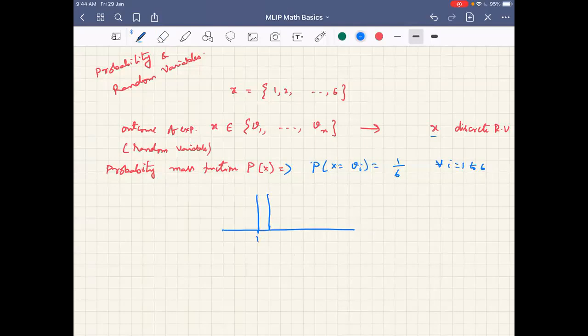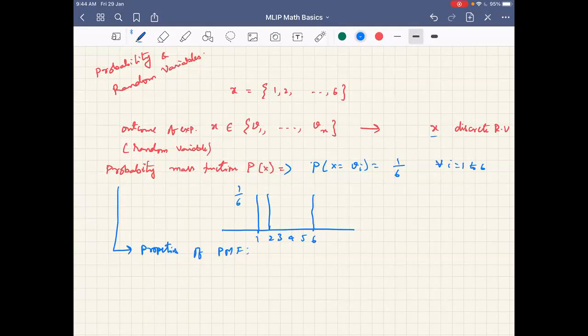What are the properties of this probability mass function? In this case, we have equal probability 1/6 and so on. Please tell, these are all the very basics.